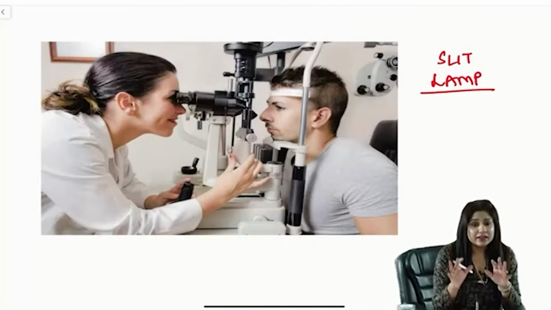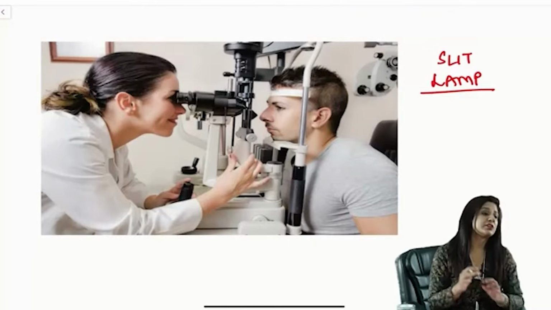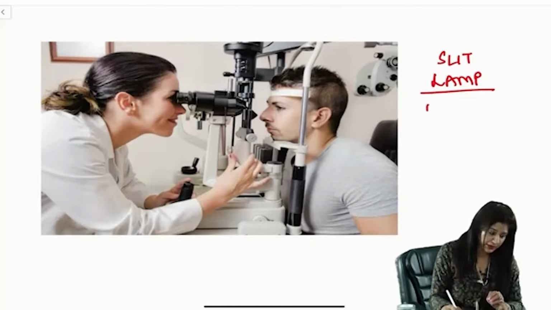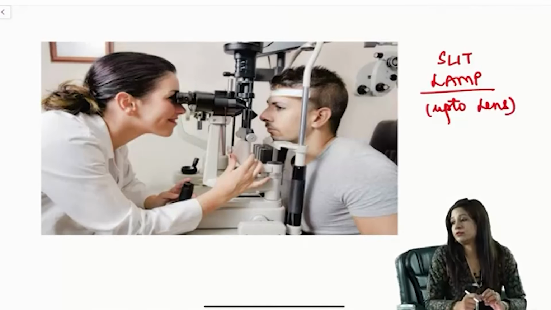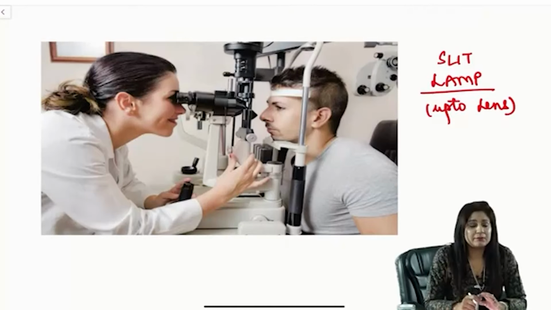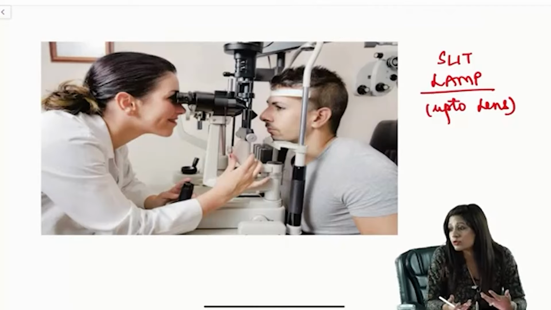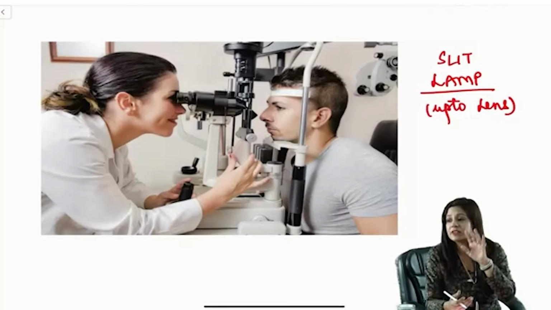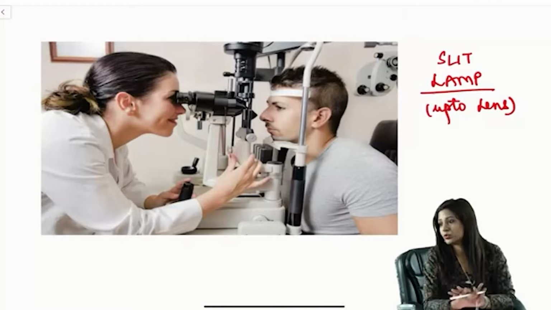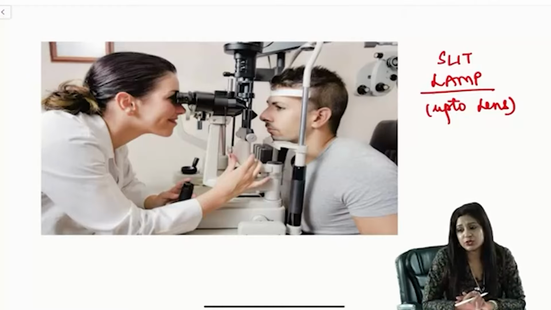So when you look at the internal structure of the eye, for this we have the slit lamp, with which we see up to the lens. Up to the lens means cataract you can very finely see over the slit lamp. And why I'm saying cataract, because cataract is the most common cause of blindness. So if I want to rule out cataract, then the first investigation, first test that I should do is the slit lamp examination. Okay.